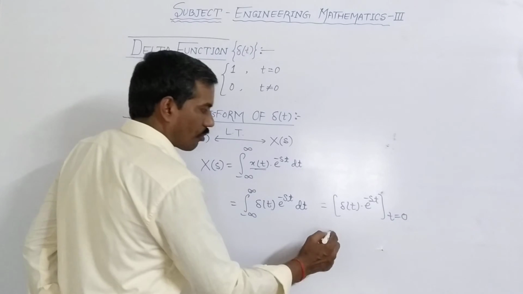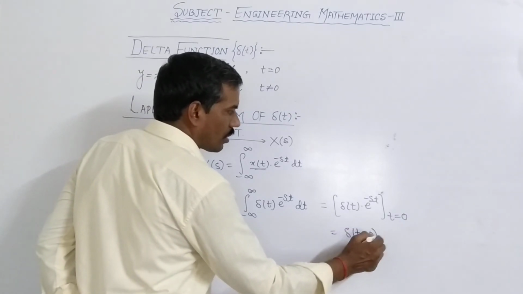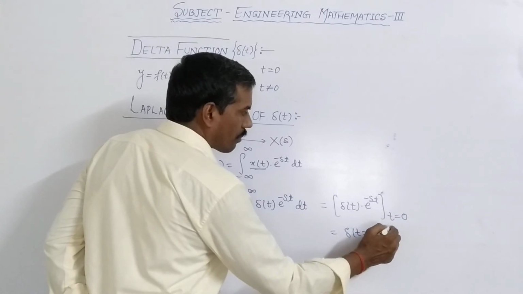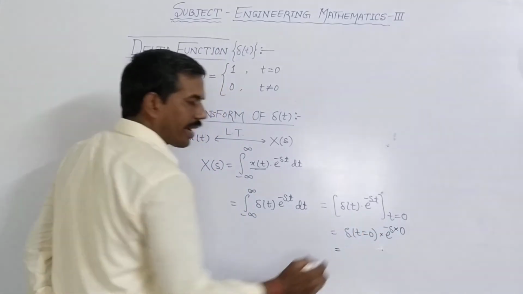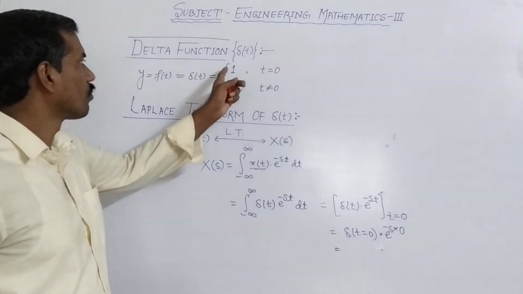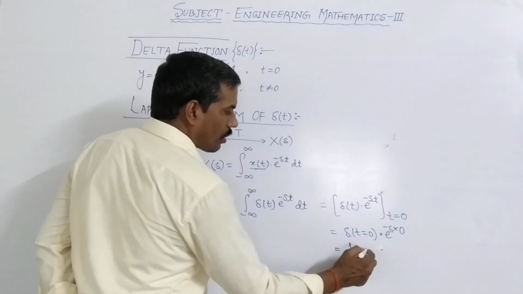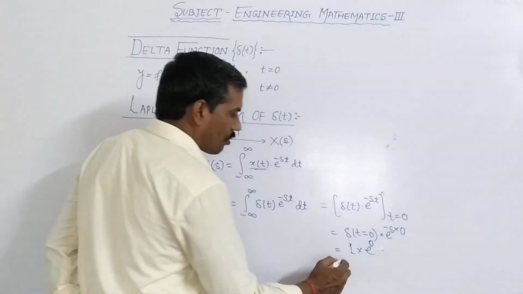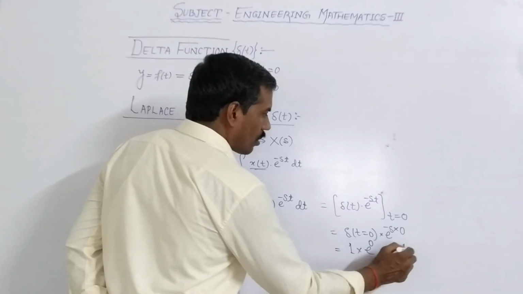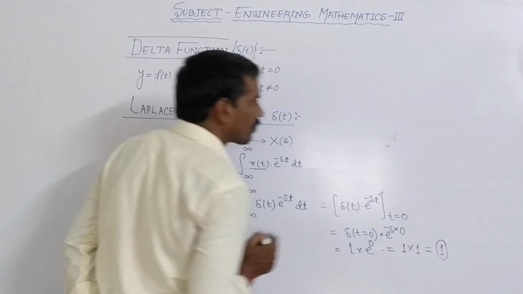Put the value of t is equal to 0 into e to the power minus s into 0. We get delta at t is equal to 0 is 1. So this is 1 into e to the power minus s0, means e to the power 0, and we know that this is equal to 1 into 1, and this is equal to 1.